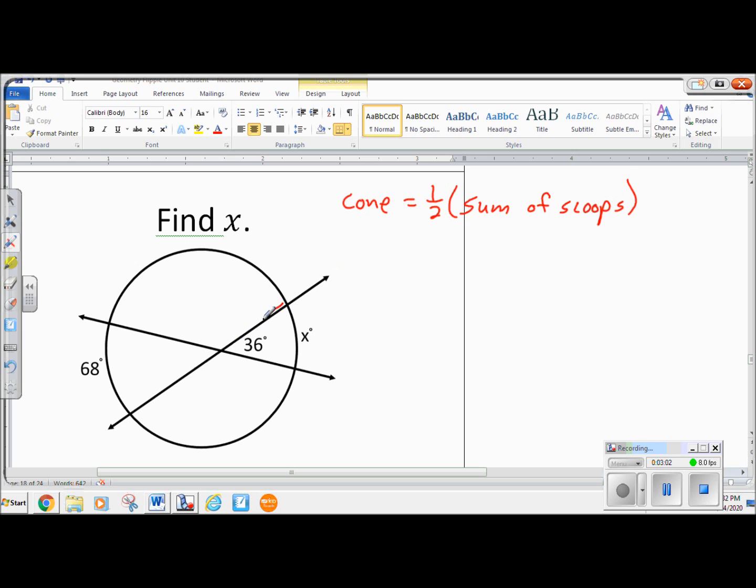The cone is 36. The scoops are x and 68. Now solve for x.